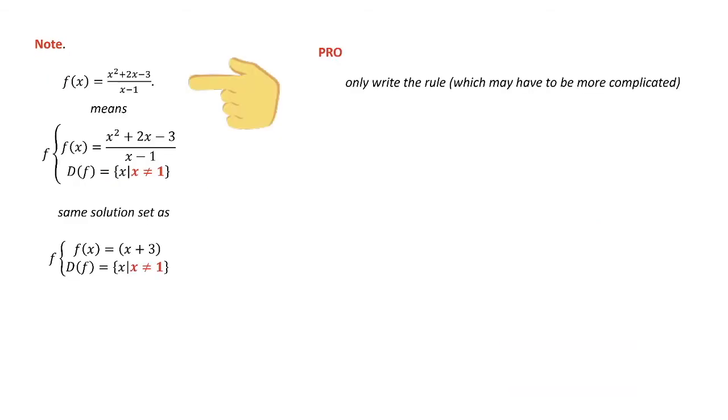So what are the advantages and disadvantages? Again, it's not right and wrong. What are the advantages to the different ways of specifying it? Well, if I only give you the rule, x squared plus 2x minus 3 over x minus 1, I only have to write the rule. People think that's better. I don't, but people think it's better. Or at least it makes more work for you. Now, I only give you the rule, true, but the rule is more complicated than it has to be.